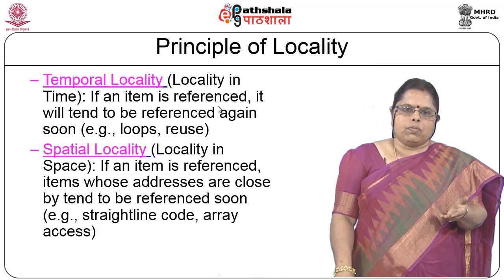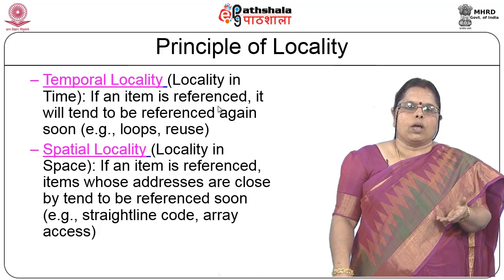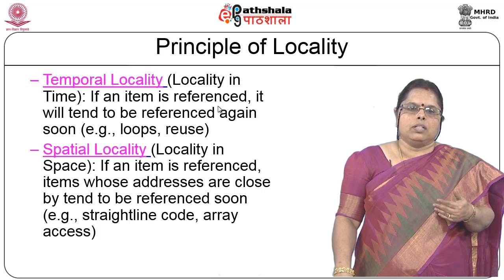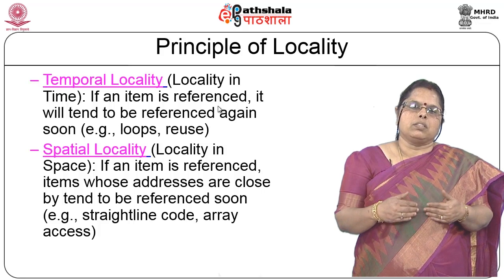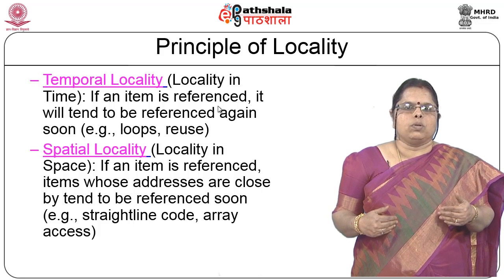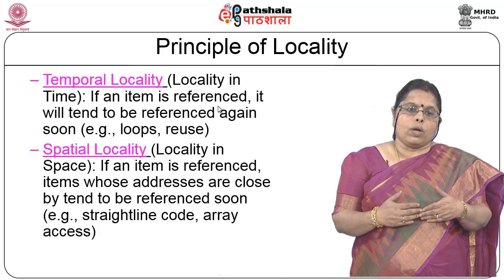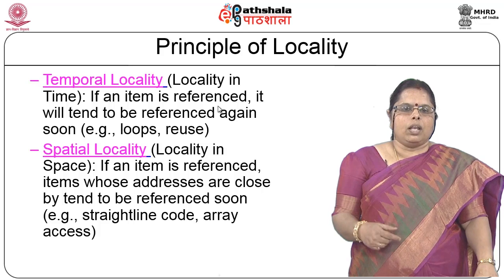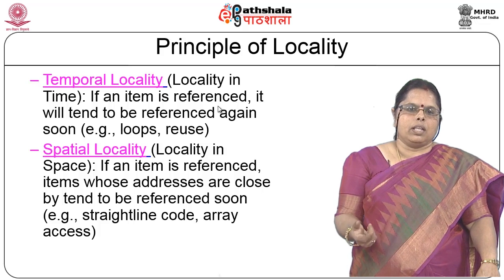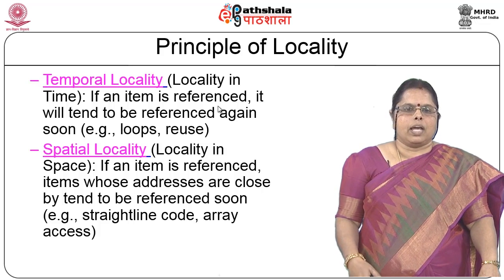The second type of locality is the spatial locality, which is locality in space. In most cases we follow a straight-line sequencing of instructions, or straight-line code, and we look at array access, where one element of the array is accessed now and then the next element of the array is accessed.